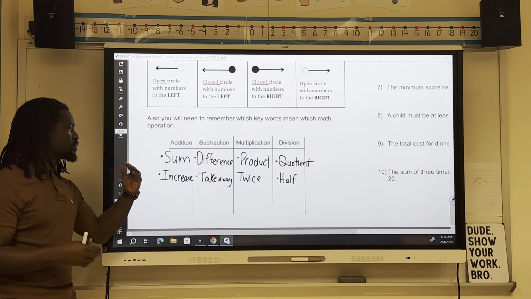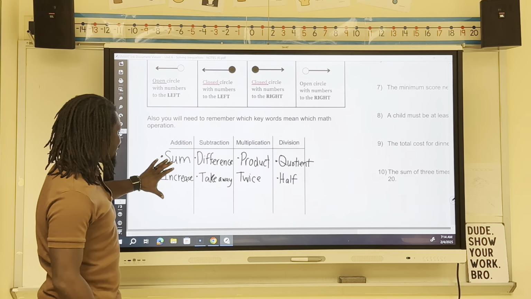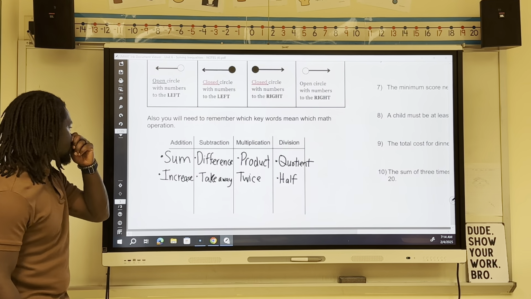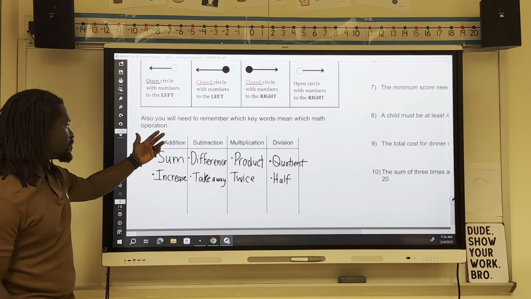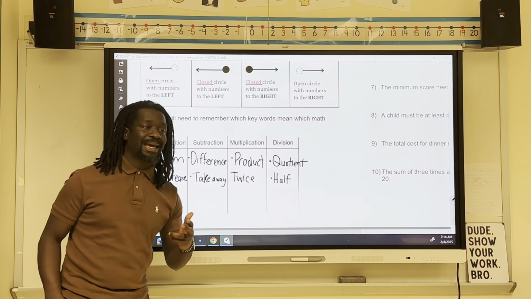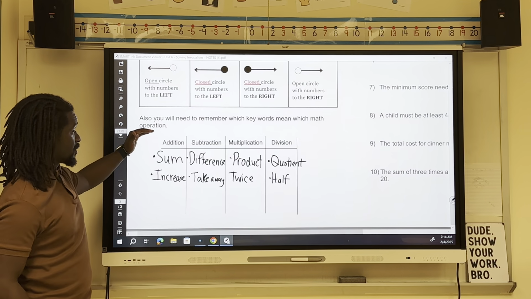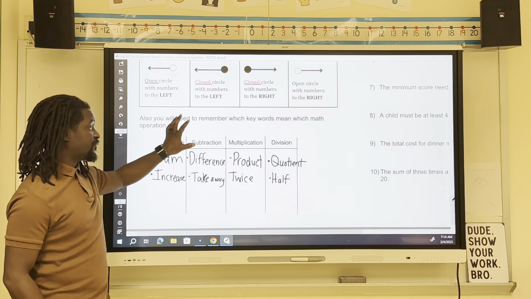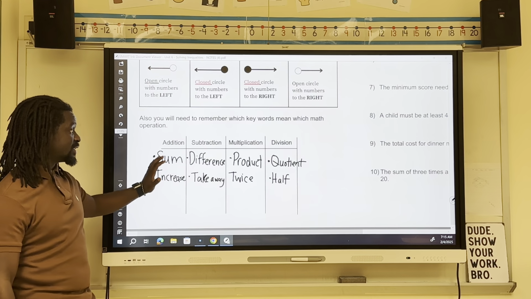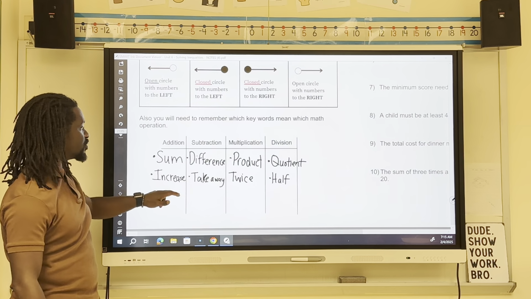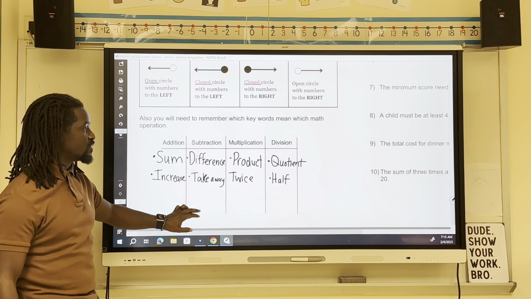Those are just a few terms. Again, you can look up more if you'd like and add those to the list. Those are some of the main ones. As we go through the problems, if there are ones that we're missing, maybe we can go back and add them. If you are doing a Desmos activity and you come across ones that you don't have on this list, I would encourage you to add them so that you have them. I just wanted to get you started here.